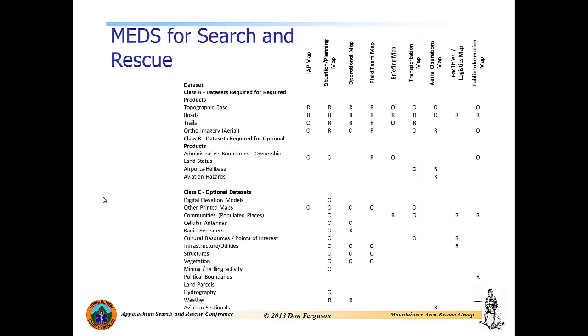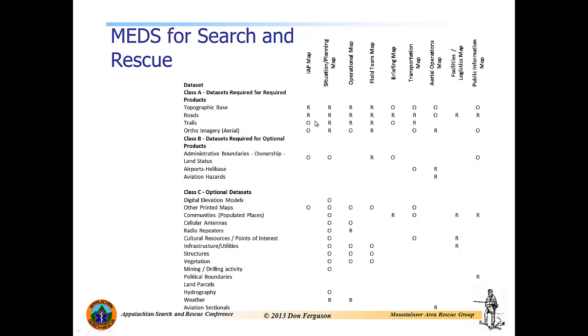Now, in order to help this process, what I've done is develop a table, and I've adapted this table from one that was very similar that's published in the wildland fire arena. What I've done is define different types of products that you may develop, from an incident action planning map to a field team map to a briefing map, and the types of data that you may want to incorporate into those maps.